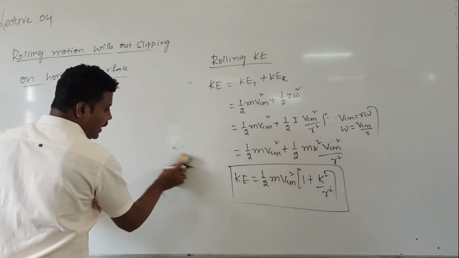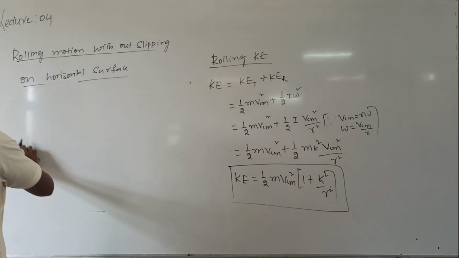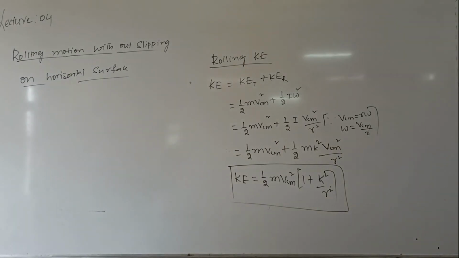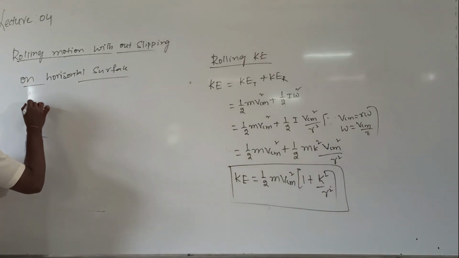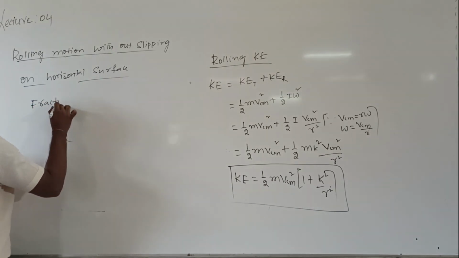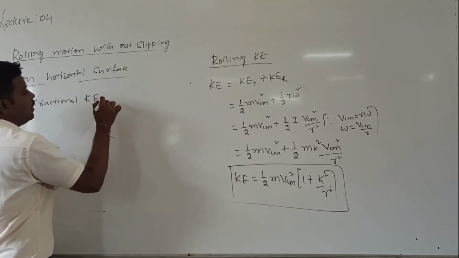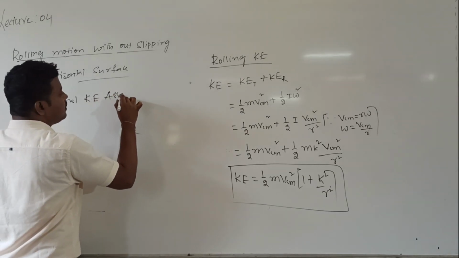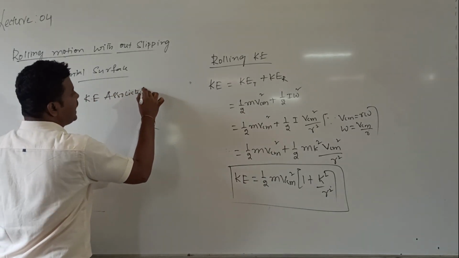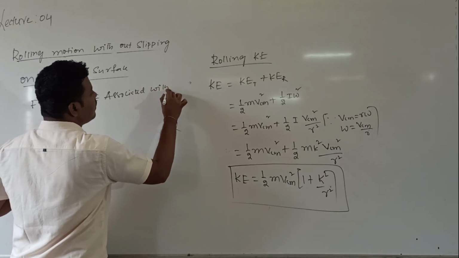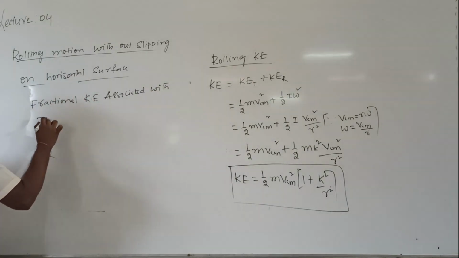Then what is the fraction of kinetic energy associated with the translational motion? Which one do I want to calculate? Fractional kinetic energy associated with the translational motion.